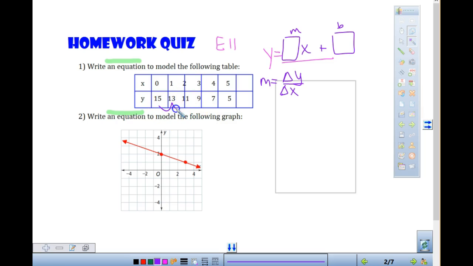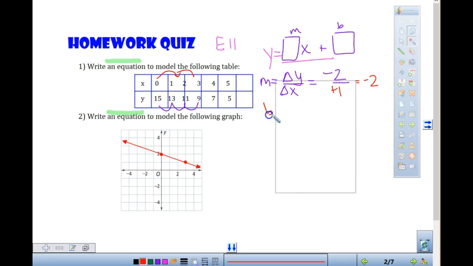How is my y value changing each time? We're subtracting 2. If we look at how our x value is changing each time, it is a positive 1. So my slope is -2 over 1.